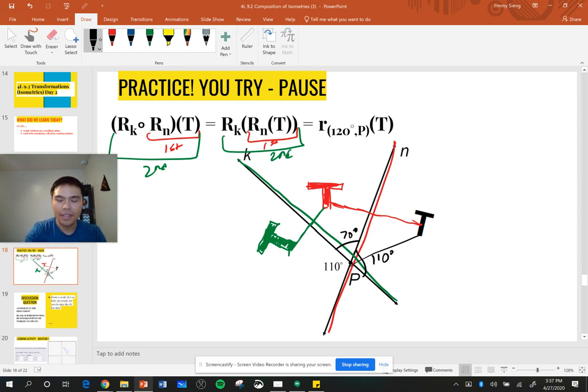But if that was about two-thirds away, that's about 35 plus 70, close enough, right? But the idea is you need to be able to reflect off those lines, and then also notice that it does make a rotation there.